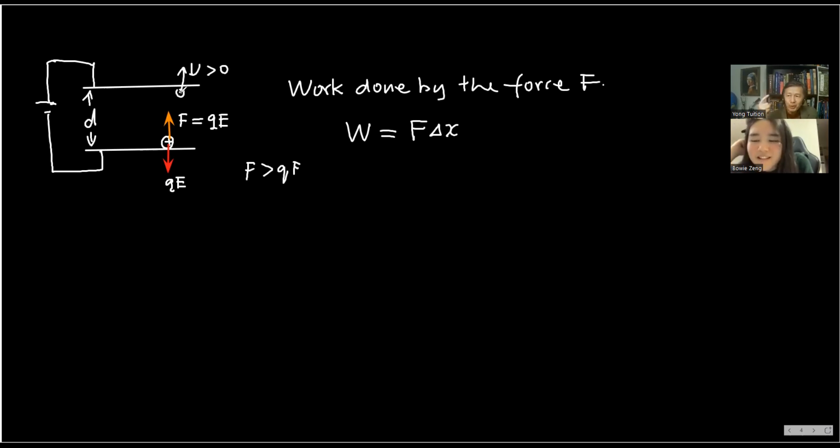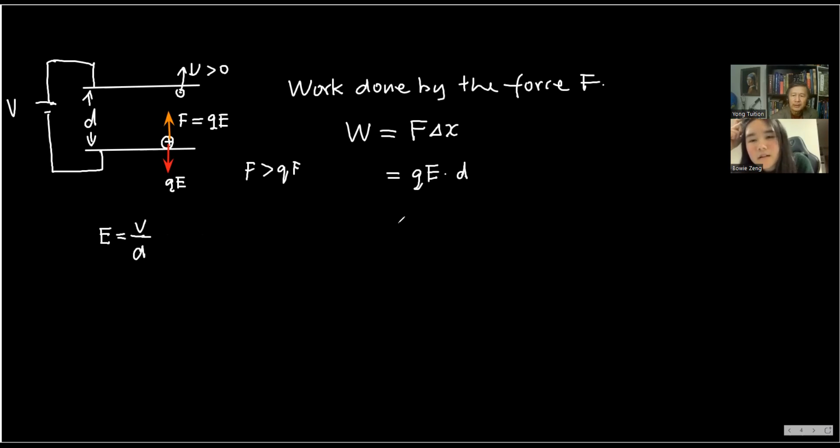Because our objective is to find the formula, okay? So if we substitute our formula here, F is exactly equal to QE, right? And x equals d, all right? Do you remember the relation between E and d? In this case, if this is voltage, E equals V over d. Yeah, that's right. Can you combine these two formulas? What formula can we obtain?